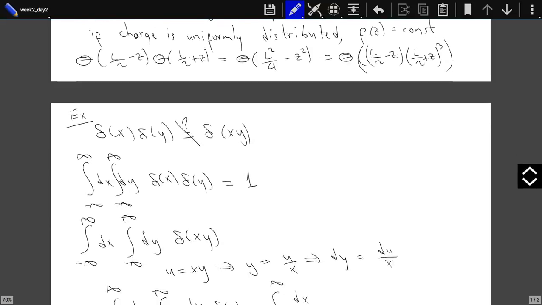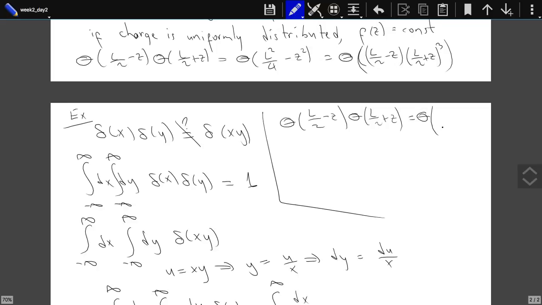I could have also said that theta of L over 2 minus z, times theta of L over 2 plus z, is equal to theta of L over 2 minus z divided by L over 2 plus z. This is also true, since the step function only depends on the sign of its argument, not its value.